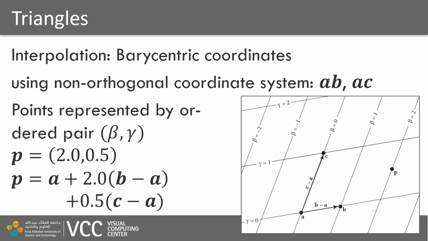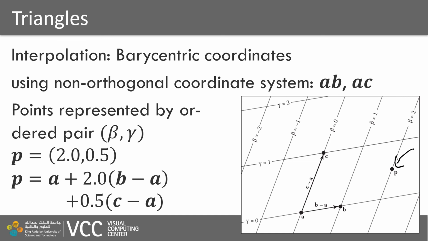For example, if we have a look at the point P here, this point P can be expressed as twice the vector AB plus 0.5 times the vector AC, as scaled offsets from the point A. So now we can see that we have 2 multipliers.